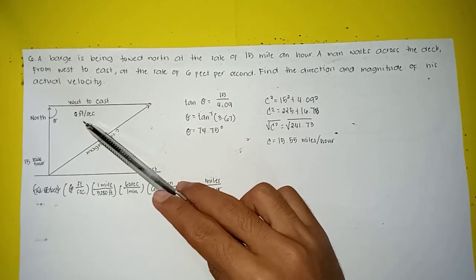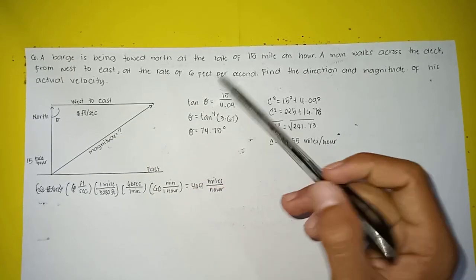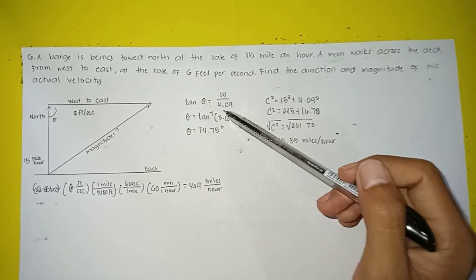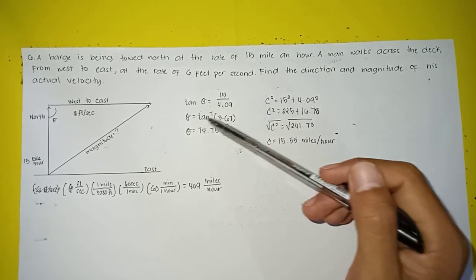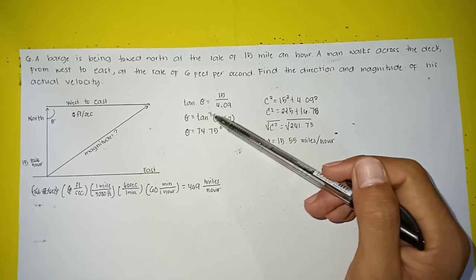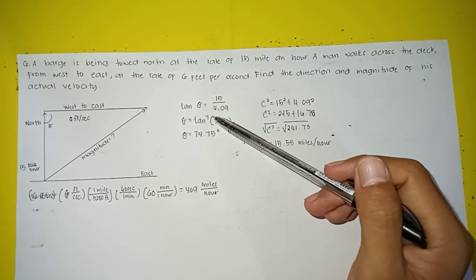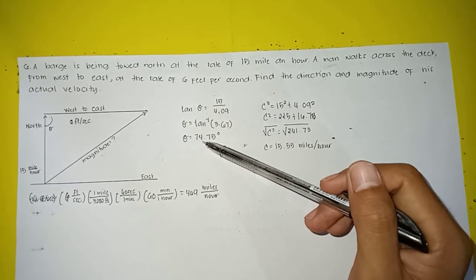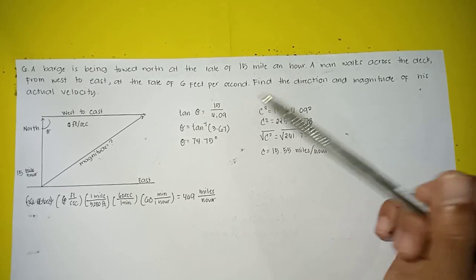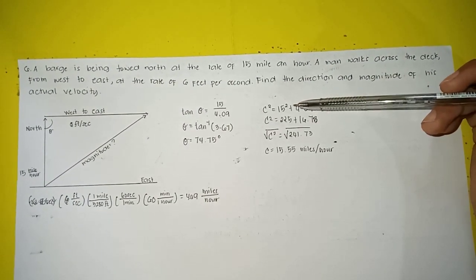So we converted the 6 feet per second into miles an hour. So it became 4.09. So theta equals tan -1 of 3.67. Our theta is 74.75 degrees.